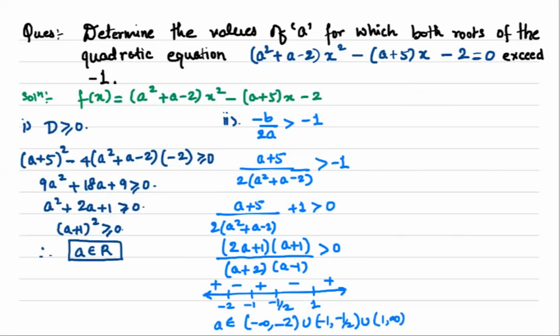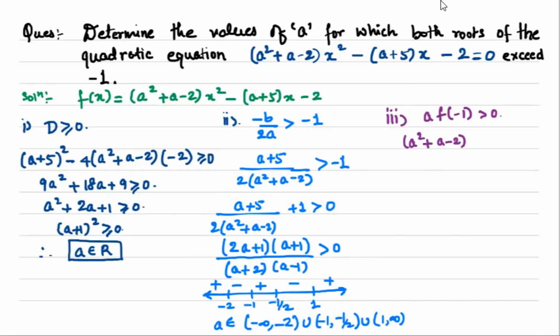And then solving for the third condition, which is a times f of minus 1 should be greater than 0. So we have the leading coefficient a squared plus a minus 2, and f of negative 1. If I plug in, it basically gives us a squared plus a minus 2 and then plus a plus 5 minus 2.